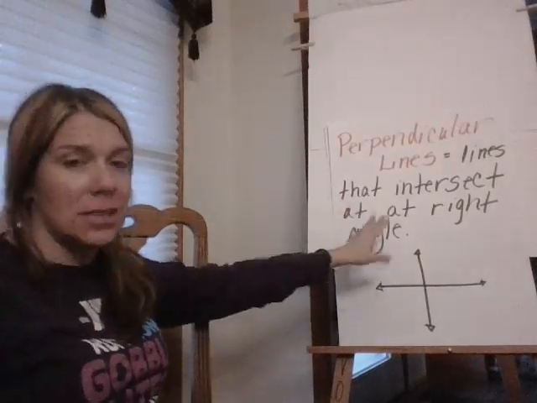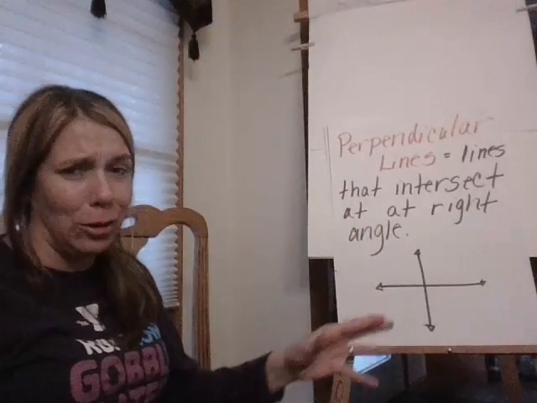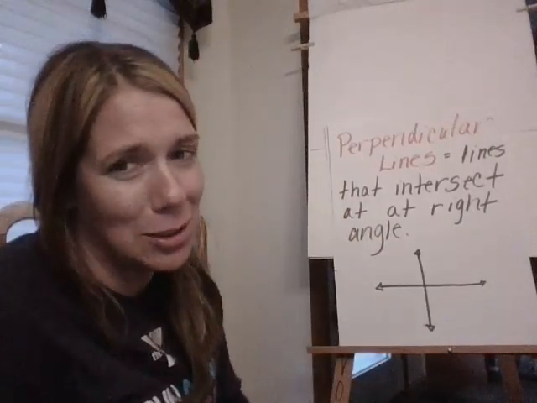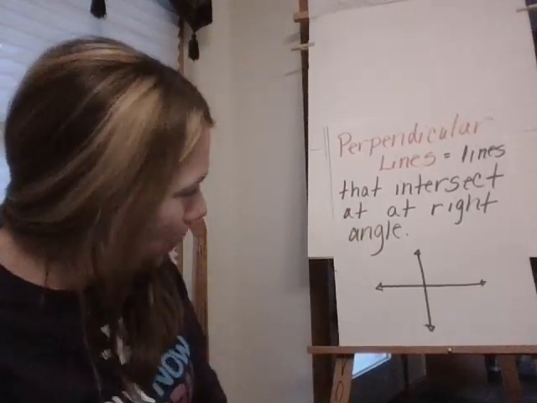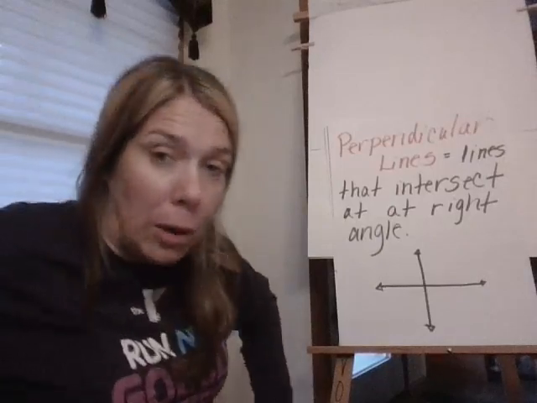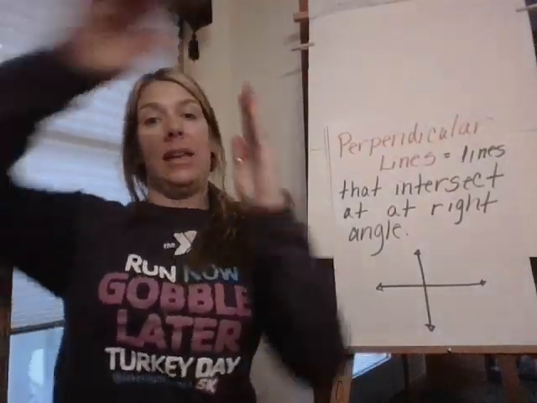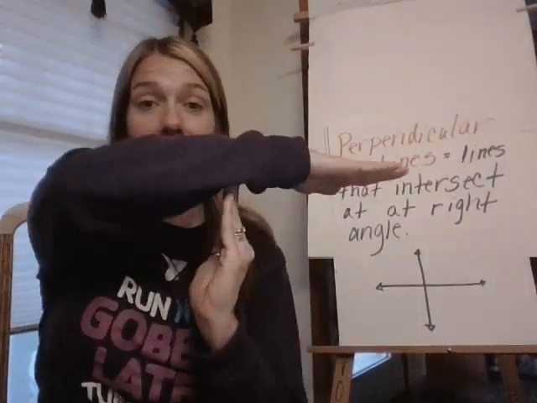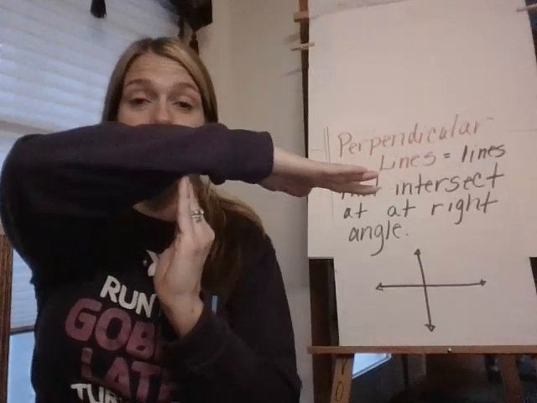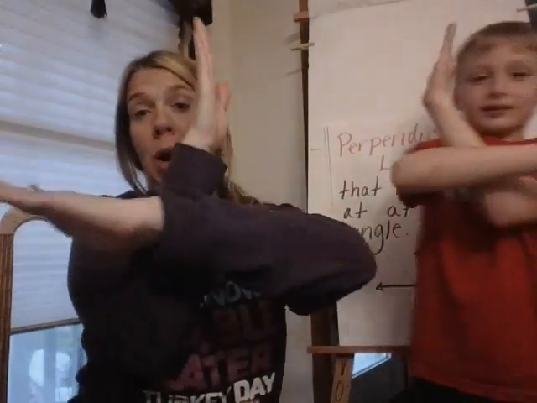I tried to make mine as straight as I could. It's a little crooked there. It's a little bit late. Mrs. Wojcik's getting a little tired. Our motions for perpendicular lines, you could do a T, or you could do a plus.